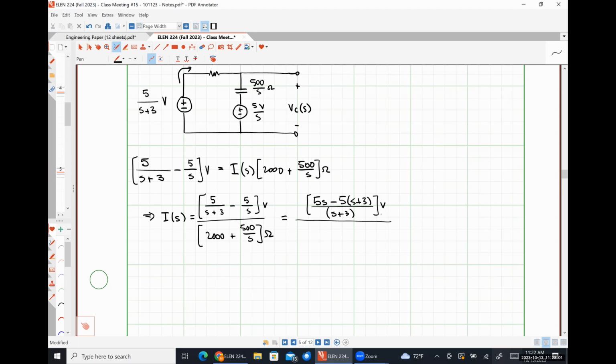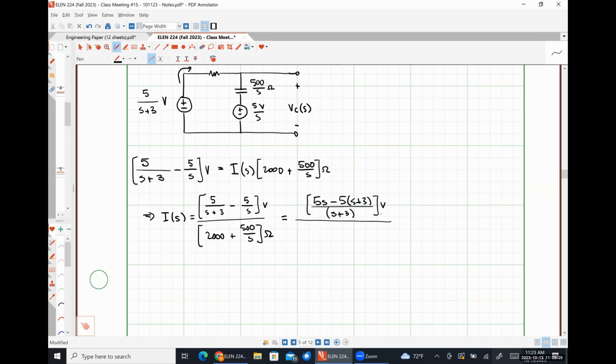I'm going to multiply this denominator by S as well in a moment. Where did the S go? When I multiply this top part by S by itself, I'm going to have 5S over S plus 3 minus 5. Right? Okay, yeah. Then I'm multiplying this 5 by S plus 3 over S plus 3 so that I have a common denominator.